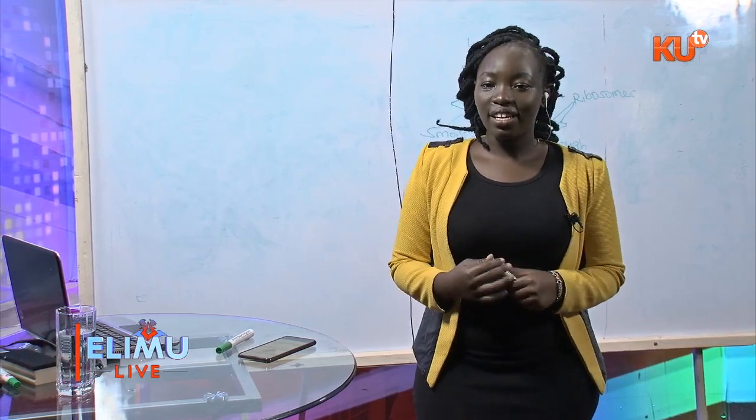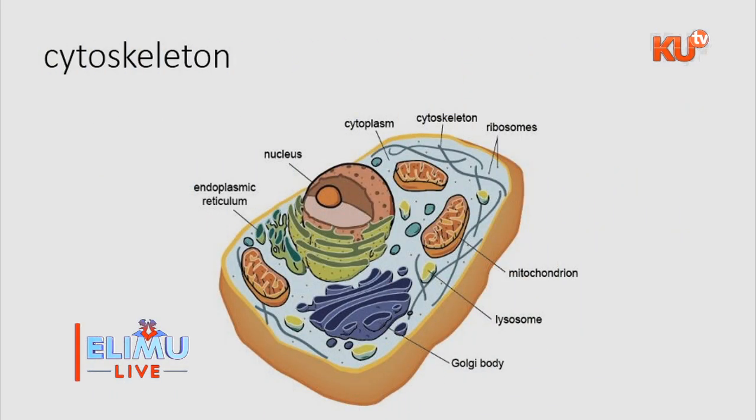We will see the structure of it and how it is able to move some cell organelles within the plants. I hope you're seeing the structure of the cytoskeleton, the way it is made. It is fiber-like. It is able to move other cell parts just the way it is structured.